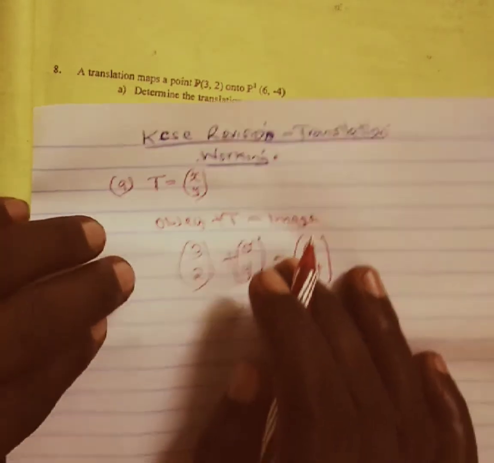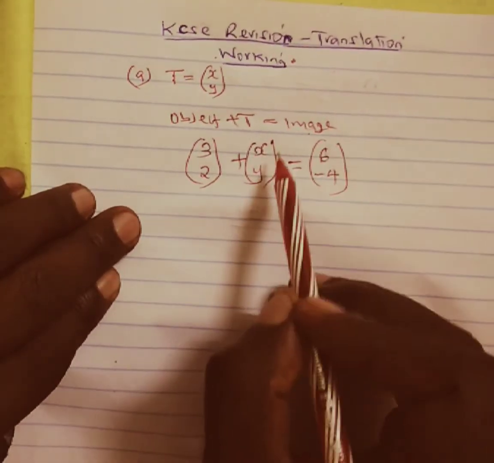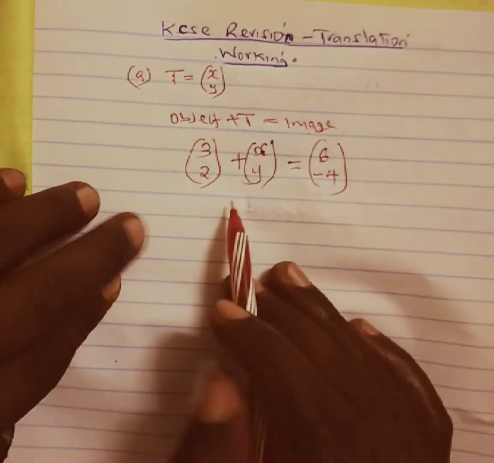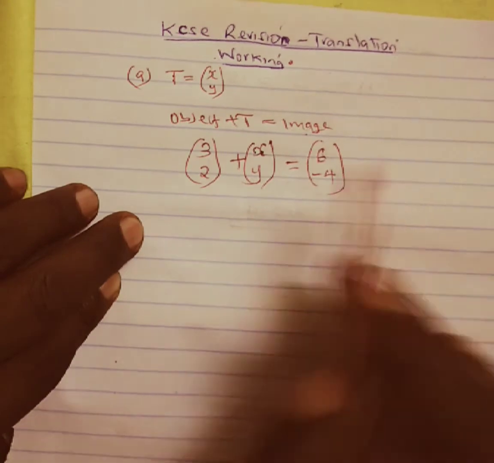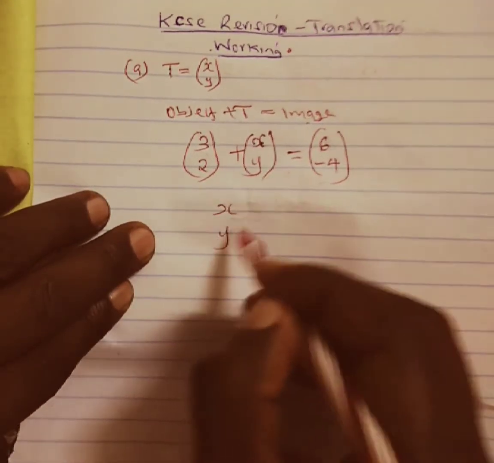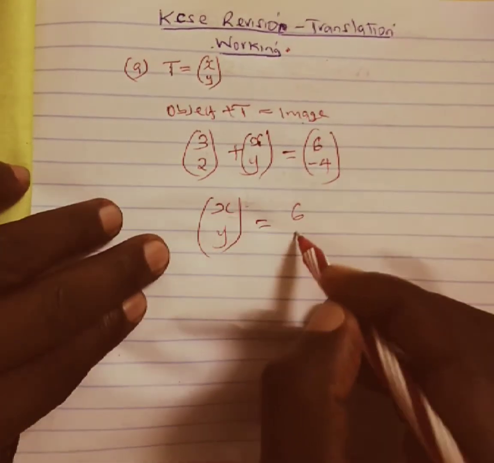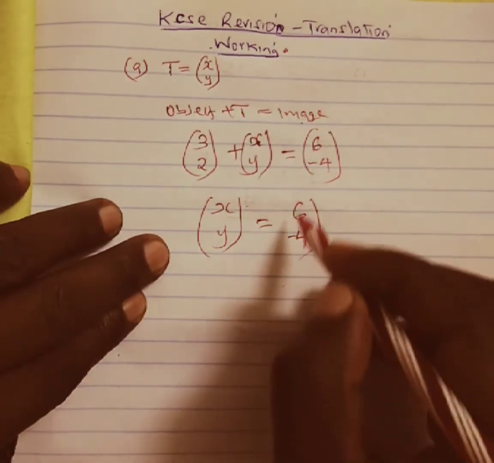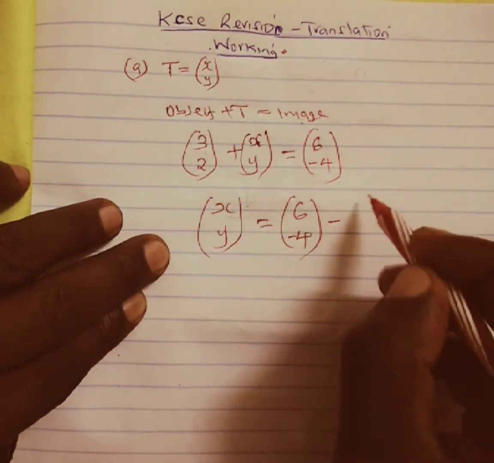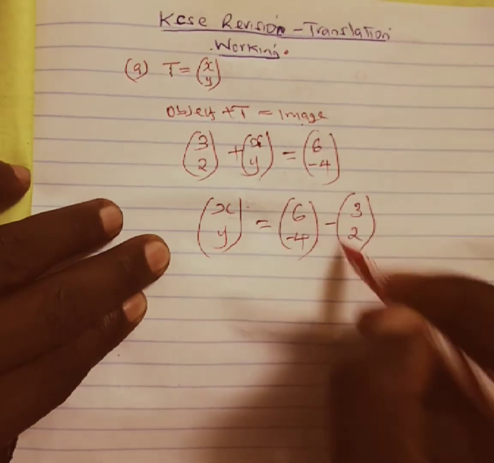From here, for us to get the coordinates of the translation vector, we need to take the object to the other side such that we remain with x, y. Our x, y is going to be 6, negative 4 minus, if this goes to the other side, it is going to be minus 3, 2.